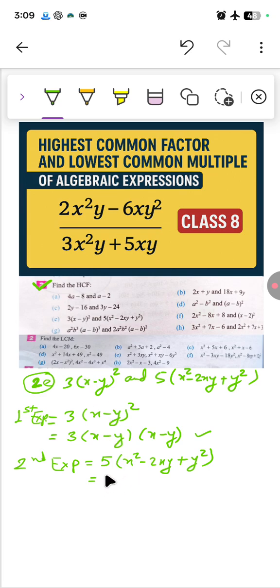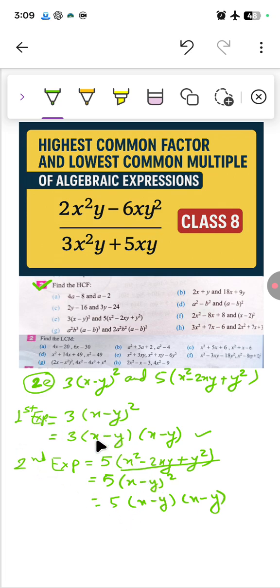So it will be same to same. And we know this a square minus 2ab plus b square is in formula. So that is why we can write for this expression x minus y whole square. At last in the product form we can write it 5 multiplied by x minus y 2 times. Now the second expression is in its product form.